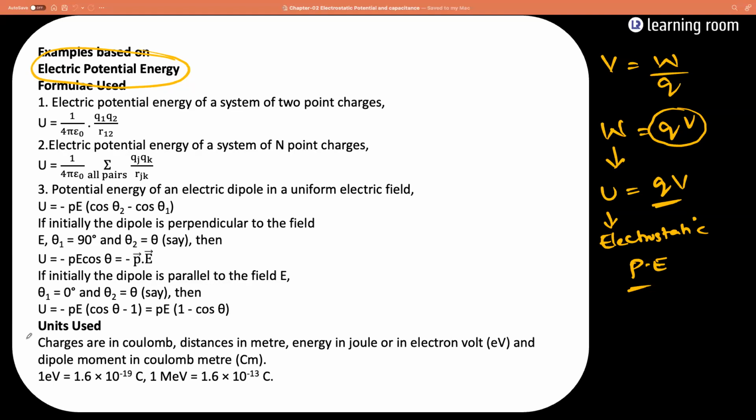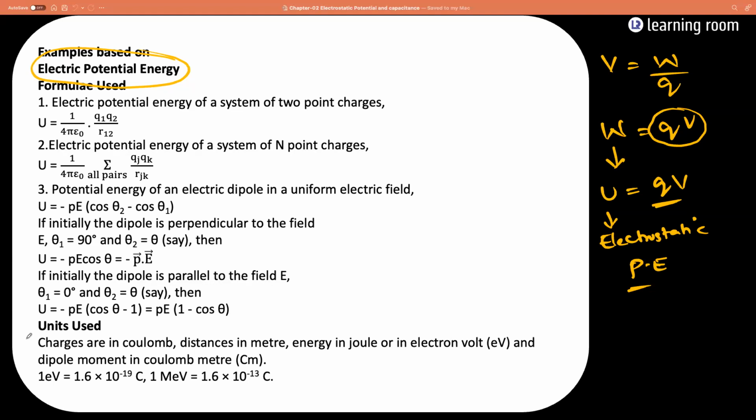Whereas with electrostatic potential energy, they will say, find the electrostatic potential energy between or due to a system of charges. They'll not say find it at a point. It doesn't make sense. Is it clear?